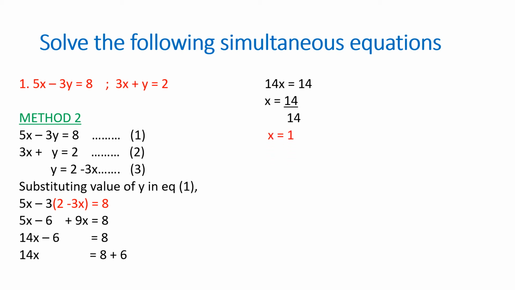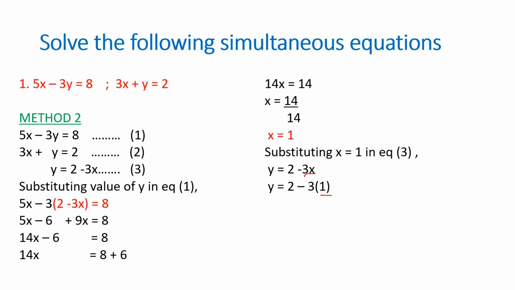Now after getting the value of x as 1, we'll substitute in any of the equations which you find easy. So I'm substituting it in equation 3. So see, what is equation 3? y is equal to 2 minus 3x. So this becomes y is equal to 2 minus 3 into 1. Yes, instead of x, we have written 1.